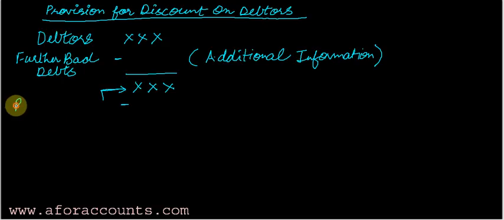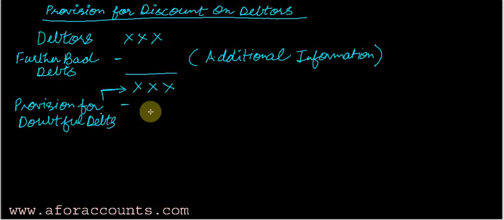Subtract this amount from here. Let's say it is 5% of debtors, so at the rate of 5%, which you will find in the additional information, you again get one amount.